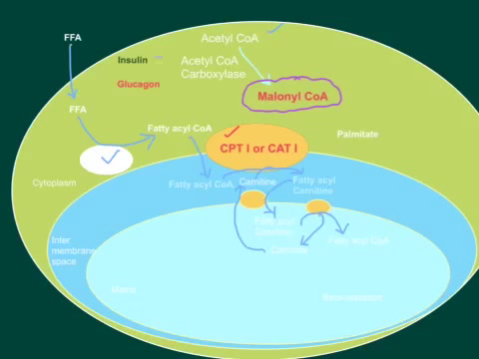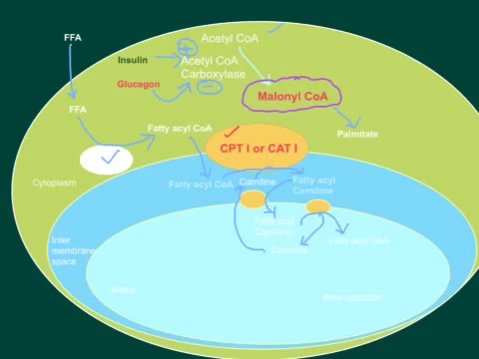Note that insulin will have a positive effect on acetyl-CoA carboxylase because it's an anabolic hormone. Whereas under fasting condition, glucagon will have a negative effect on acetyl-CoA carboxylase. Now the malonyl-CoA will go into fatty acid synthase complex and ultimately be converted to palmitate, that's a 16 carbon fatty acid.